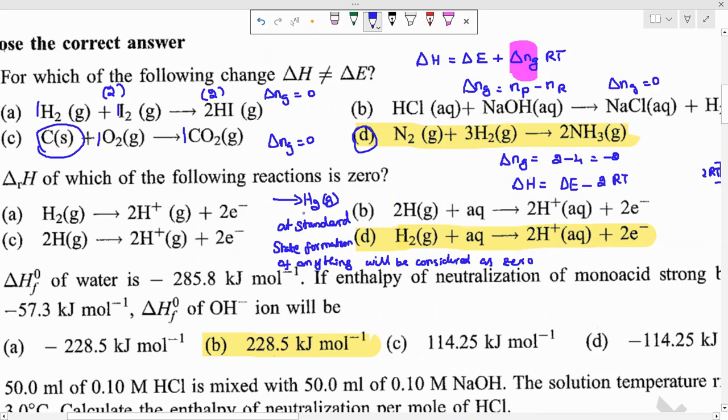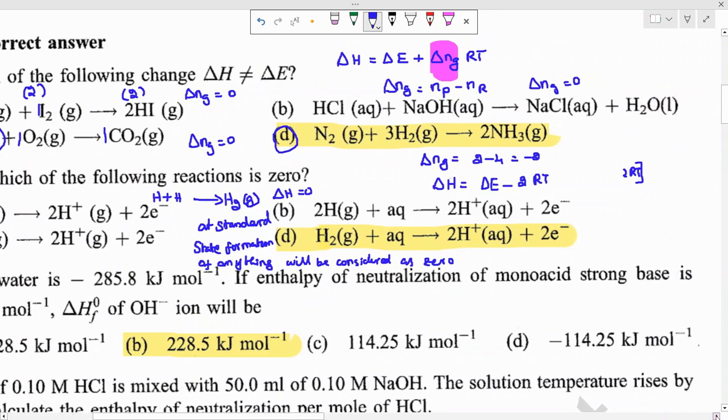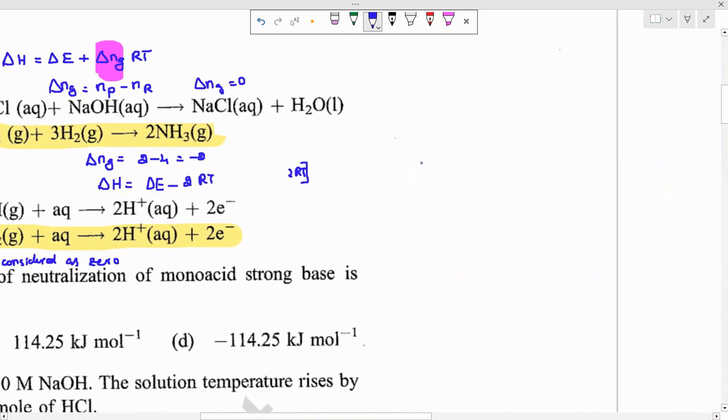So how can I say this one? H2 gas is a standard condition, right? And O2 gas is also a standard condition. So if you are forming H2 gas, then definitely the delta H for this reaction will be 0. If you are forming O2 gas, look at the standard state. I will explain here. Any standard state.